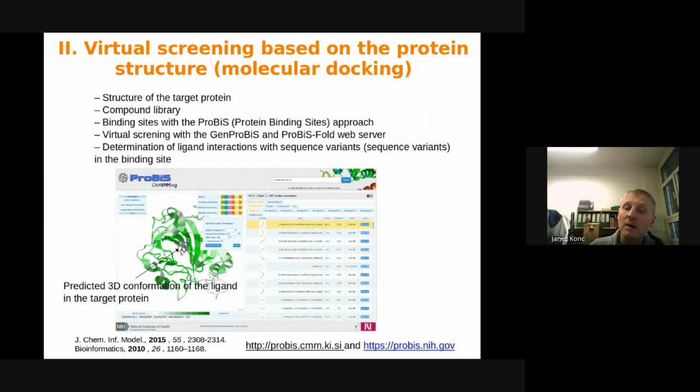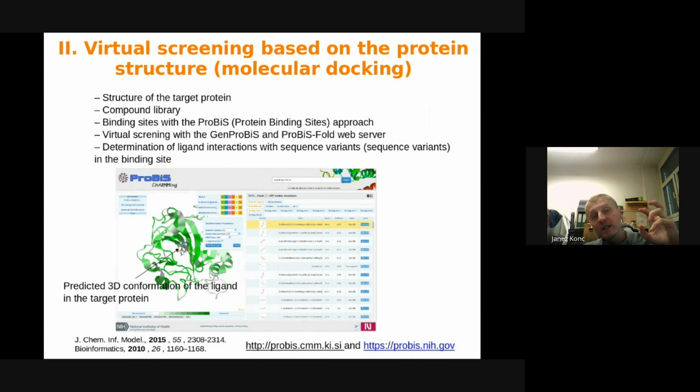We are going to talk about something that resembles molecular docking here. So we are going to start with the structure of the target protein. Here the target protein is known initially, so that's good for us. And we have a compound library which can consist of several millions of small molecules.